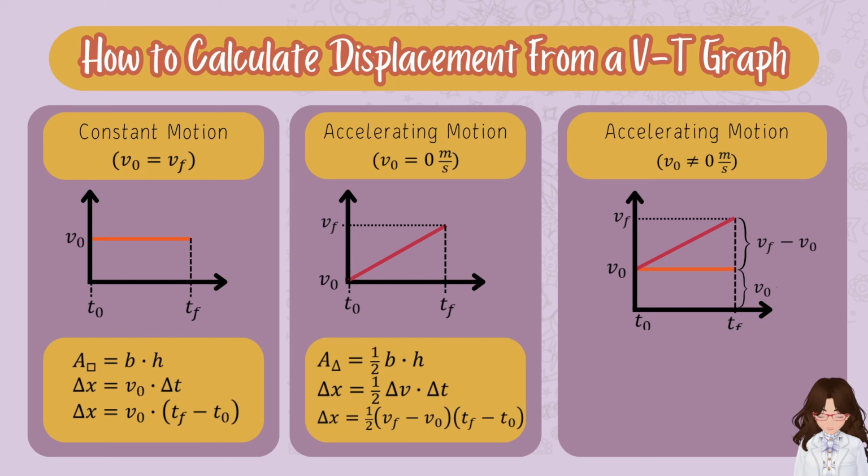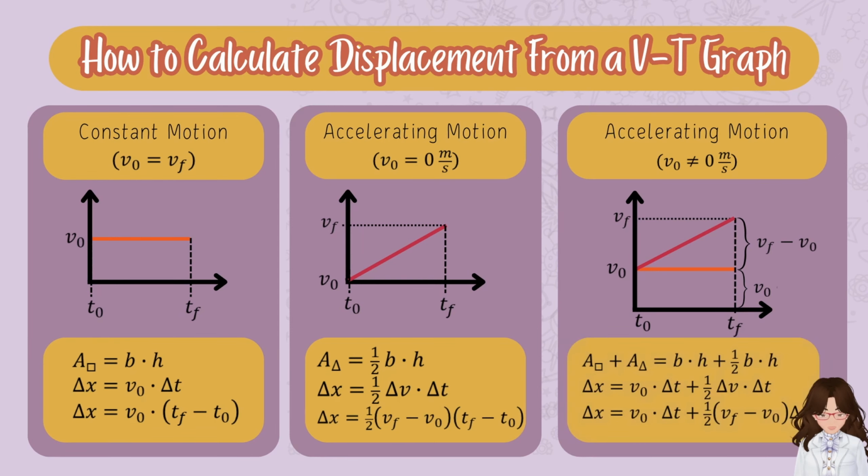You're going to have a triangle at the top, and you're going to have a rectangle closer to the x-axis. And so in this case here, you would just do the constant motion shape, and you would have also the triangle shape. And you can notice that if we were to add those two areas together, we'll get our total displacement. So in this case, it's base times height plus 1/2 base times height of the triangle above.